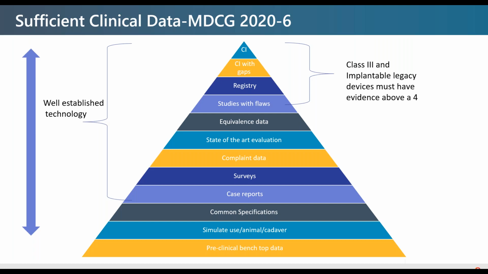You should have state-of-the-art information, right? And then if this was somewhere else and you have any surveys, you could include those too. So all of that is going to be combined to paint the picture of that sufficient clinical data. So we've done this clinical investigation, which showed this, as well as our complaint data showed this, as well as our preclinical data. So really, it's not one and done. It's building the story together.